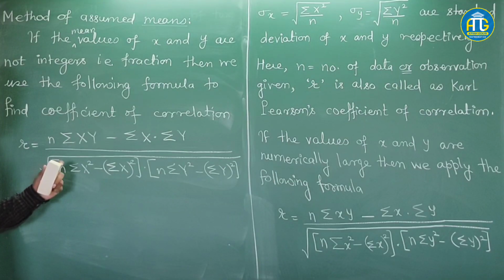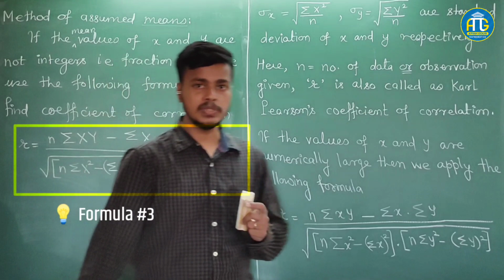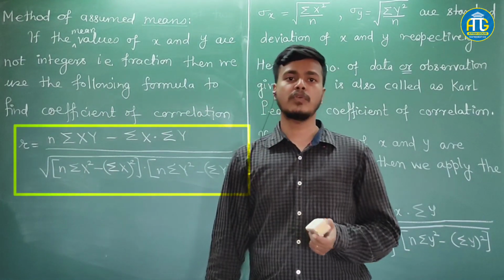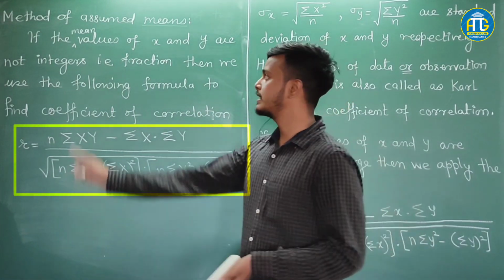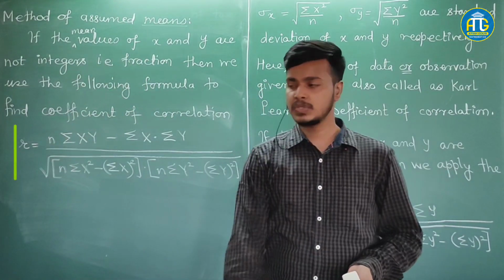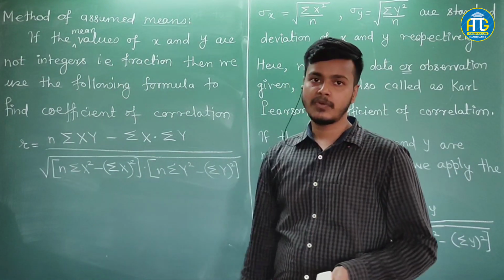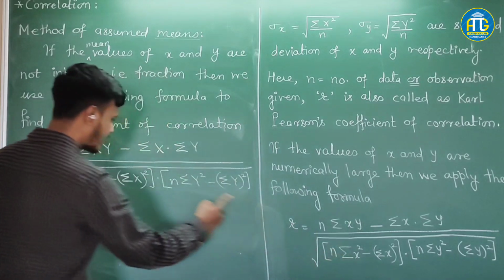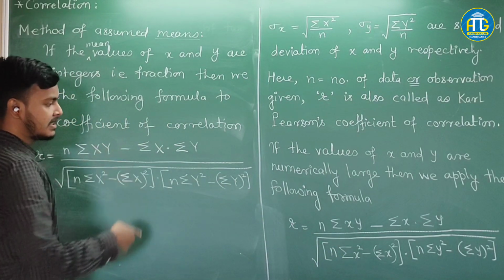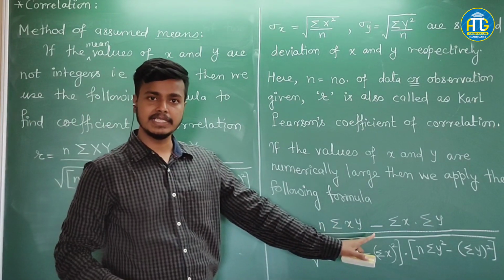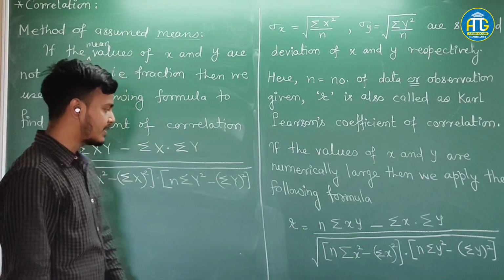So this is the third formula that we will use when the mean values of x and y are not integers. So take care of this formula. If you look at these two formulas, there is only a difference of x replaced by capital X, y replaced by capital Y. That's it.